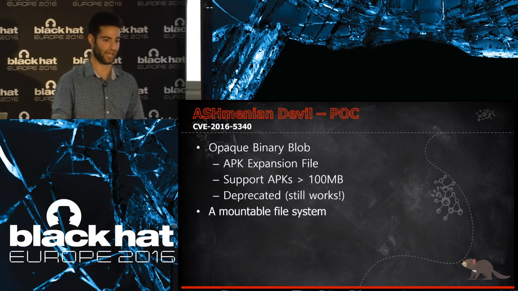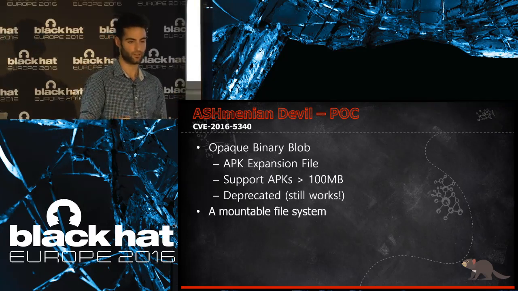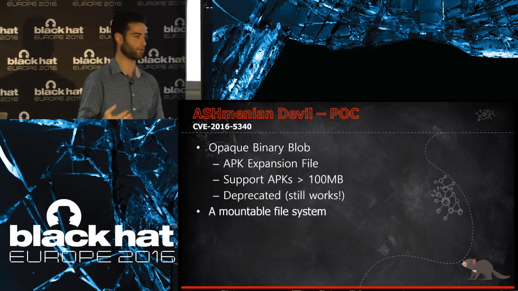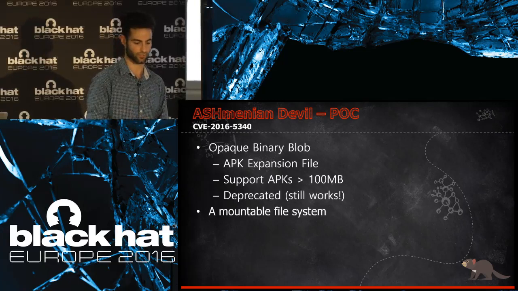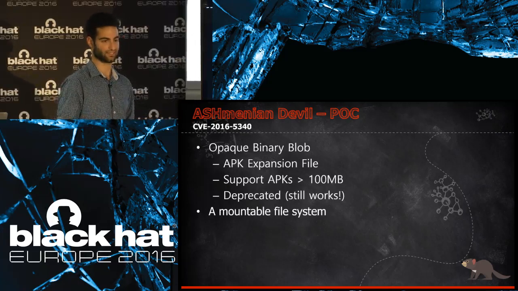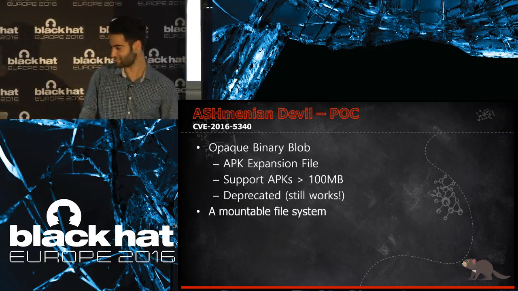Games have textures, sounds, pictures, whatever, and they usually cross this limitation. So what they used to do is first download the main functionality of the app, and then externally download all the graphics and textures. So OBB is basically a file system that anyone can create, externally download, and then just mount it. So yeah, it's kind of fun.